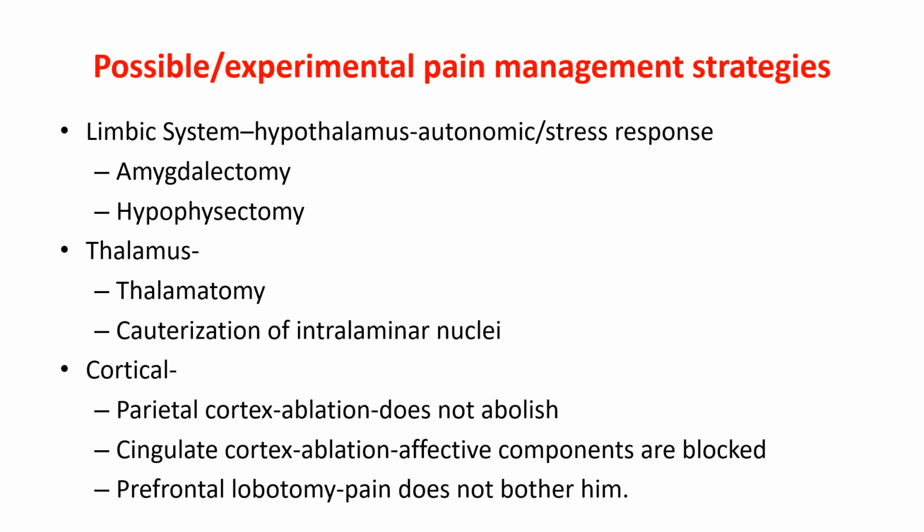That will also relieve the pain, but again, the thalamus being a very small area, you have to be very selective. Similarly, the intralaminar nucleus, which is carrying the arousal response or other responses, can be blocked by cauterization or thalamotomy.